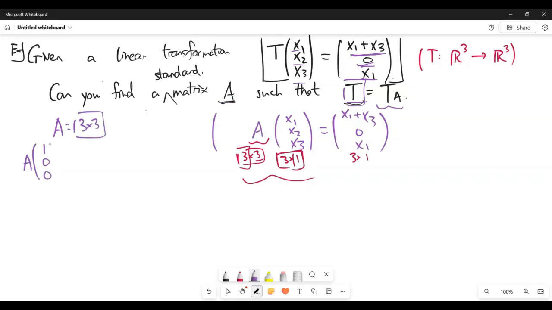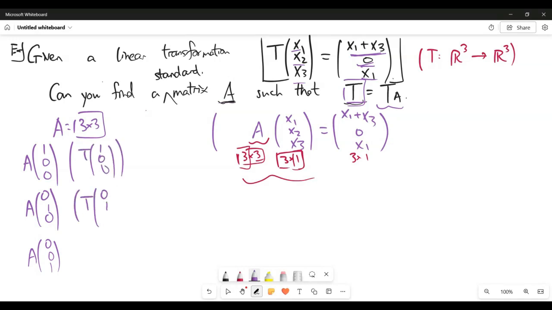You have to compute these 3 vectors. Basically, we care about these 3 things. You can do the computation now, and you will see that the computation essentially means you're setting x1 to 1, x2 to 0, x3 to 0, right?